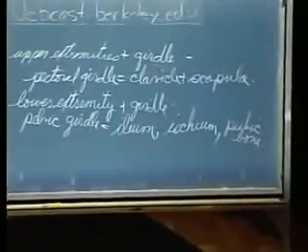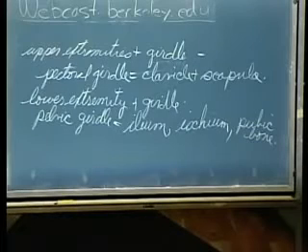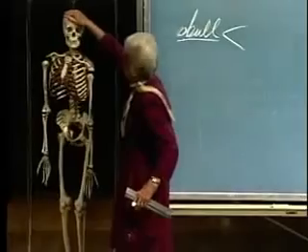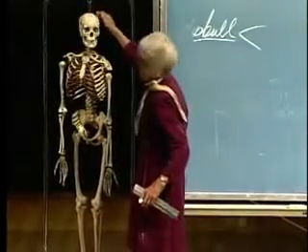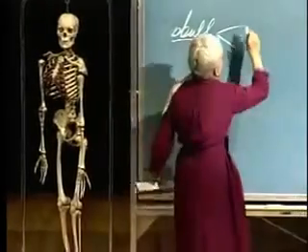So let's begin with the skull. The skull has 2 major components. It has what's commonly called just a skull cap, technically a calvarium.